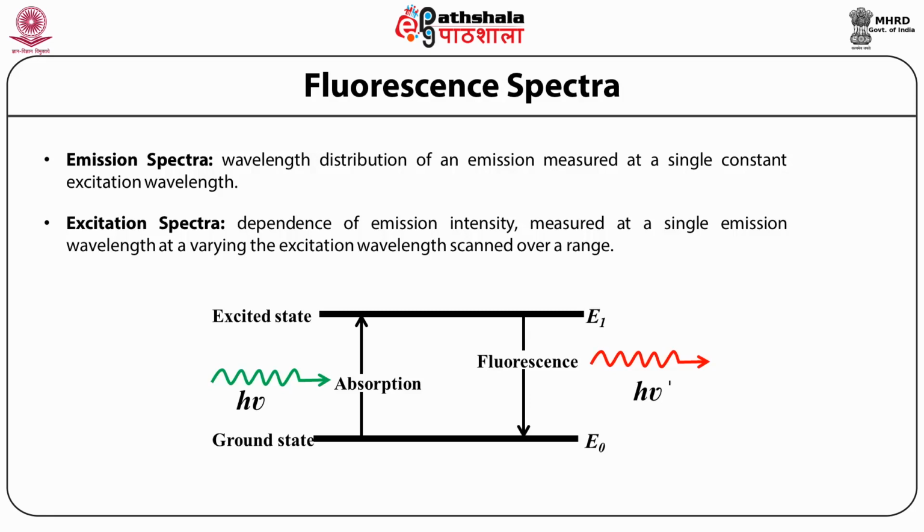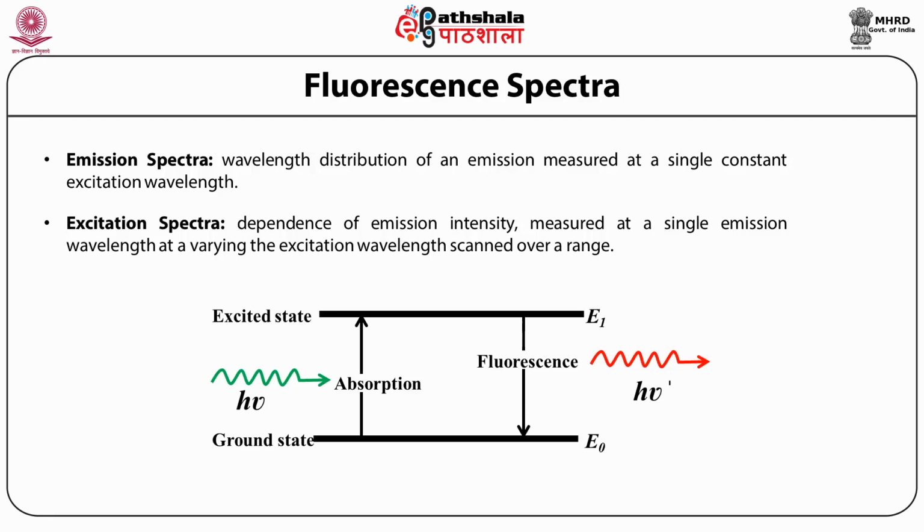This relaxation process is responsible for the Stokes shift, which describes the generation of fluorescence photons at longer wavelength than the excitation radiation. Fluorescence spectra can be of two types: one is the excitation spectrum and the other is the emission spectrum.